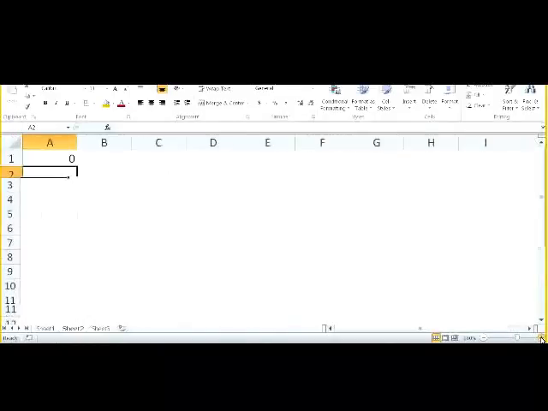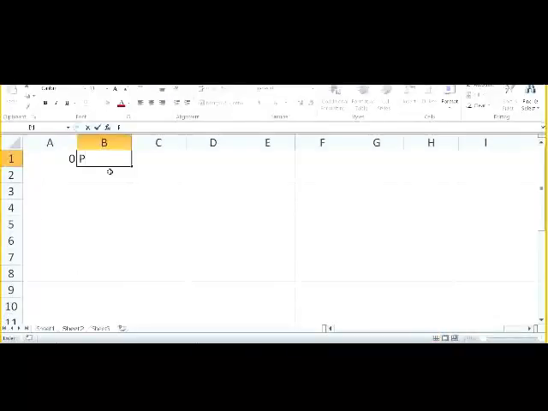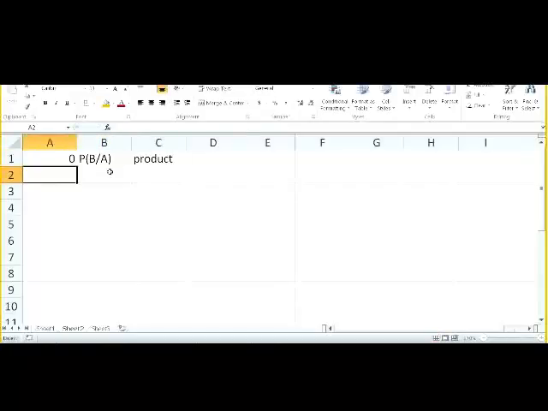So what we're going to do is have a column that has the number of people in our classroom. Then you calculate the probability of B given A, and we have the product of each step.